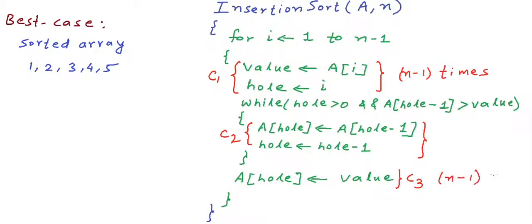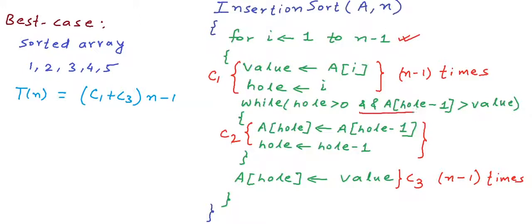So overall time taken in the best case will be equal to c1 plus c3 into (n-1). There will be some additional cost to increment counters and all, or to do these comparisons inside this condition for loops. Let's assume that they are accounted for in c1 and c2 respectively. Oh, this one should be n-1 in bracket.